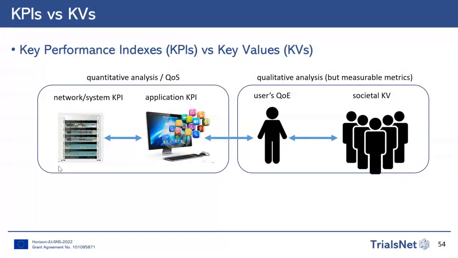Due to the high emphasis on the use cases, we will also evaluate the quality of experience perceived by each individual user, but not only this, we will also evaluate the impact on society and the proper definition of key values that will be better discussed later by Hassan. This is a more qualitative analysis, but based on measurable metrics.